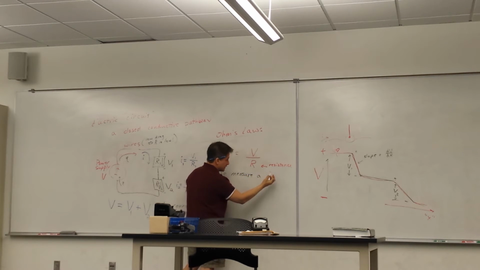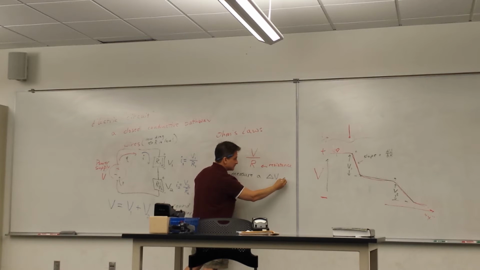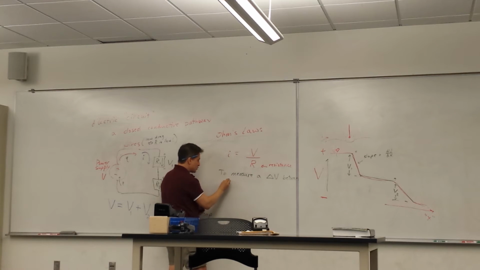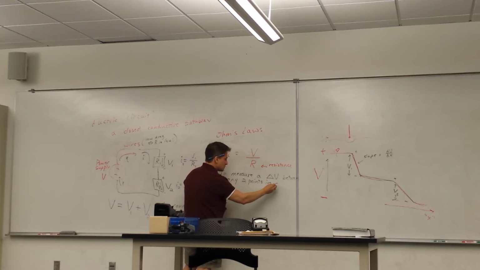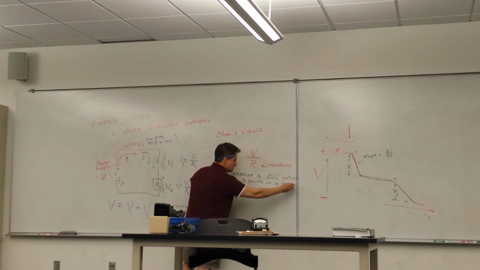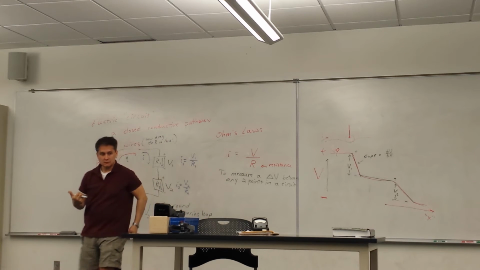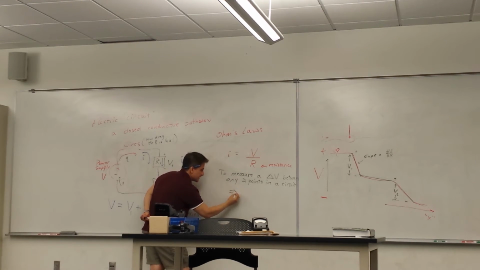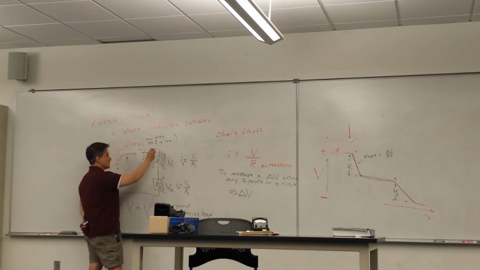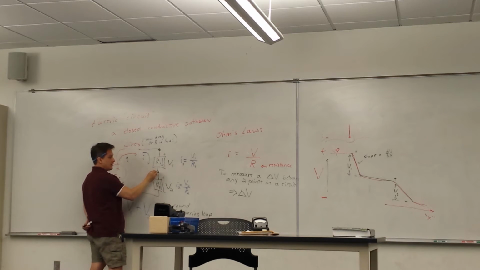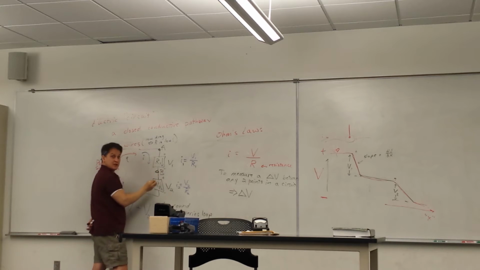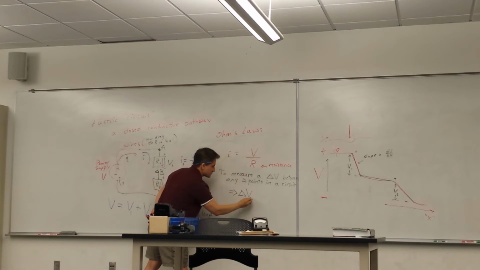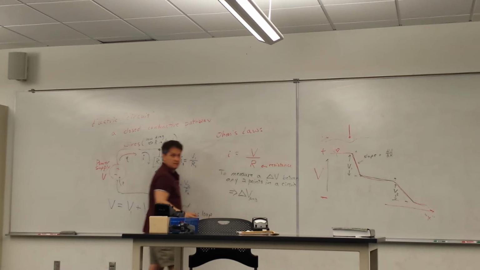To measure a voltage, or a delta V, between any 2 points in a circuit, we would start by saying that the potential difference between those 2 points, and let's use this point here and this point there, so I'm going to call this A and I'm going to call this B, the potential difference between A and B.